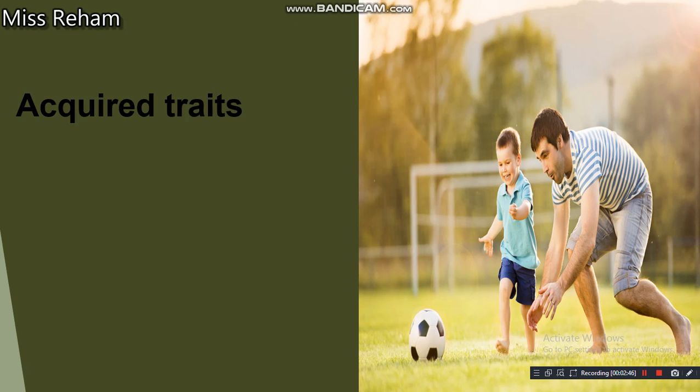Like what? Like skill of playing football, like in this picture. Skill of playing football can't be transmitted from one generation to another, but this is an acquired trait, not a hereditary trait.